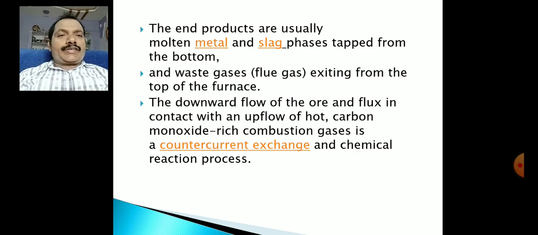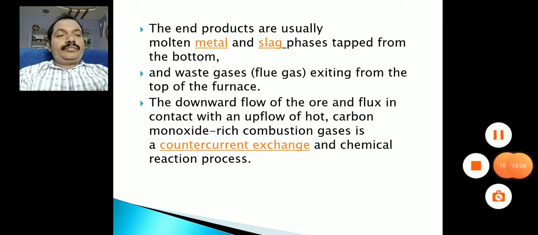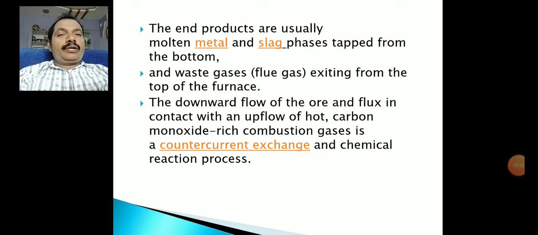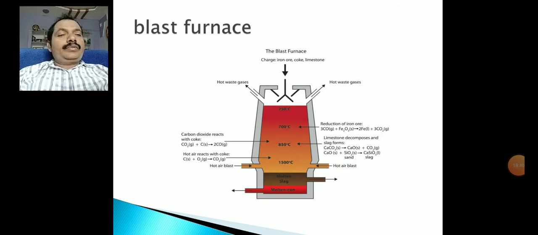The end products are usually molten metal and slag tapped from the bottom. So these two are end products.